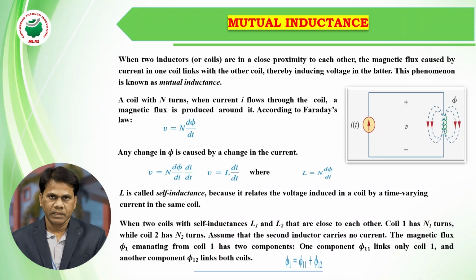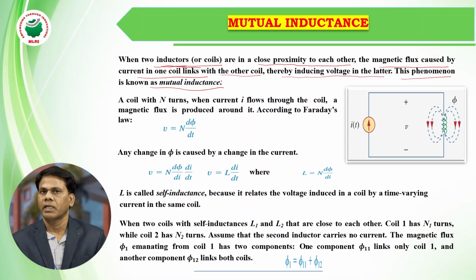When two inductors or two magnetic coils are in close proximity to each other, the magnetic flux caused by the current in one coil links with the other coil, thereby inducing a voltage in the second coil. That phenomenon is called mutual inductance.